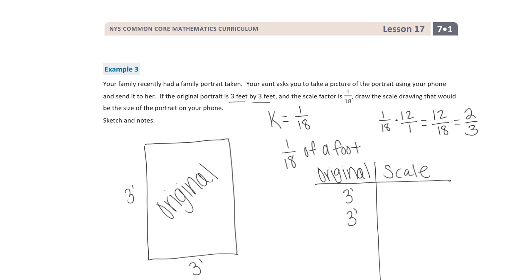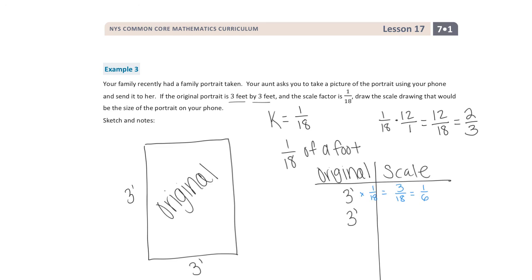And now we want to solve for our scale. Because we already know our constant is 1/18, we're going to take our 3 foot and multiply it by 1/18. Now when we do that, we're going to get 3/18. When we simplify this down, we will get 1/6.